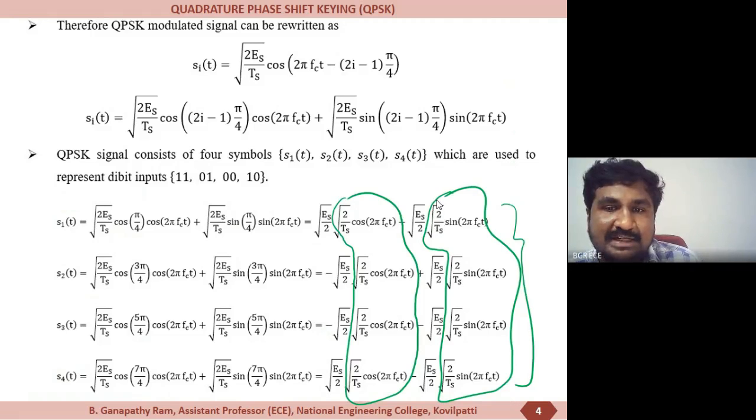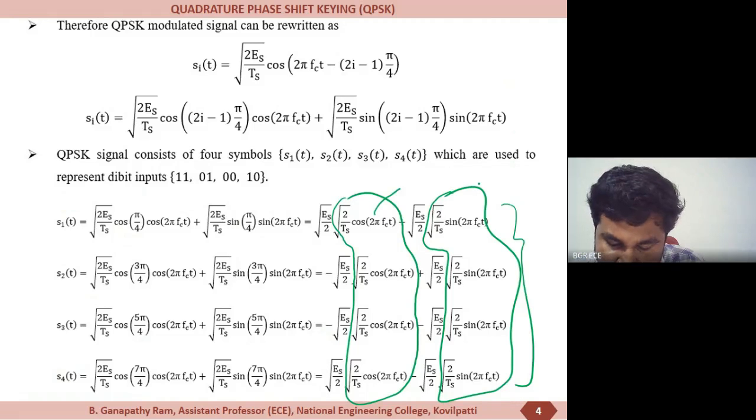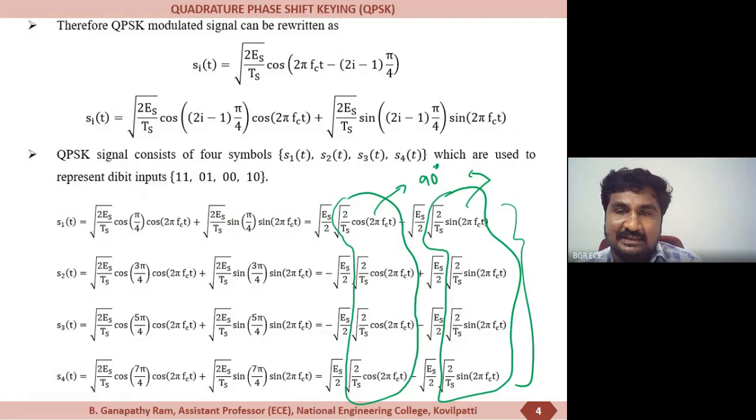Equal in magnitude but opposite in phase with each other. Moreover, these 2 terms are having a separation of 90 degrees in phase angle. That is, cos 2 pi fct and sin 2 pi fct are having a phase deviation of 90 degrees.